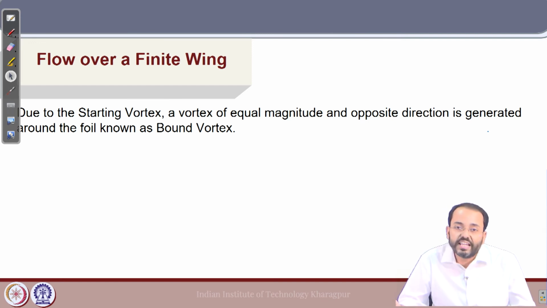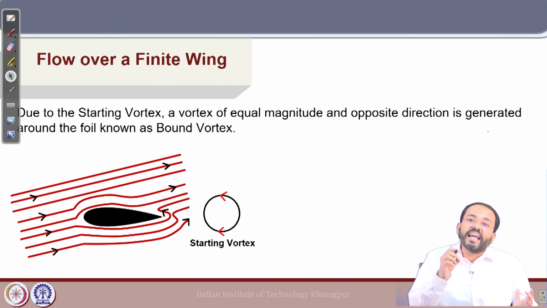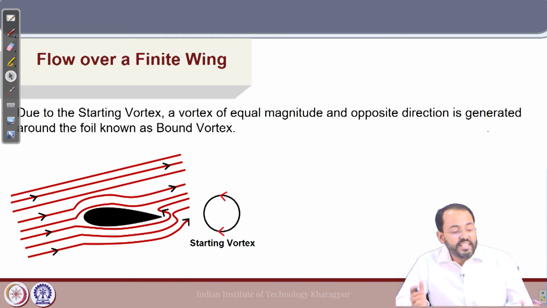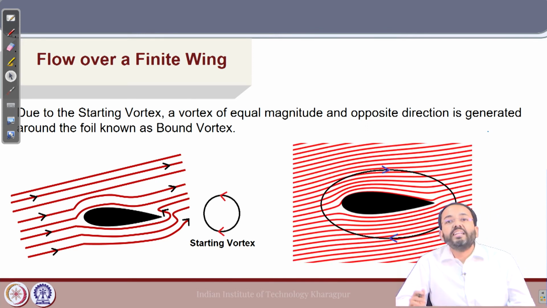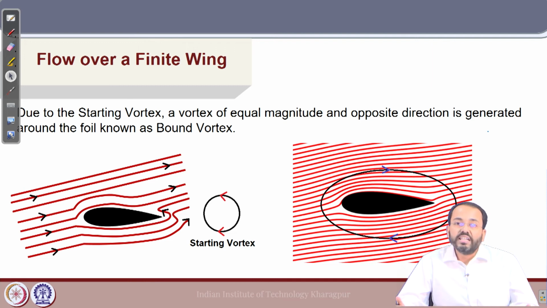That is how we explain the lift formation by an airfoil. This is the starting vortex. As the stagnation point moves to the trailing edge, the starting vortex is shed downstream and a bound vortex is generated around the foil, which is of opposite direction to the starting vortex, and this bound vortex is responsible for the lift generation of the foil.